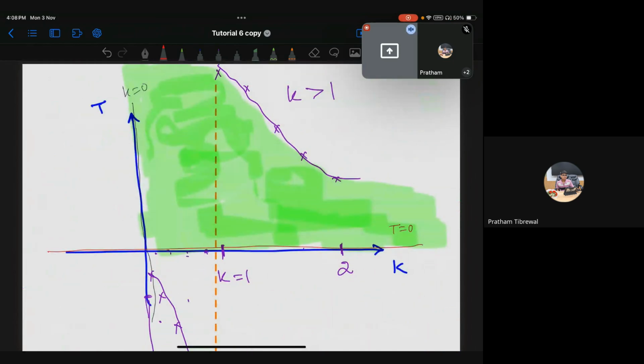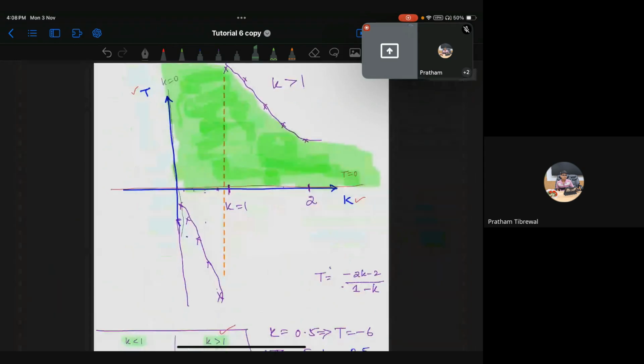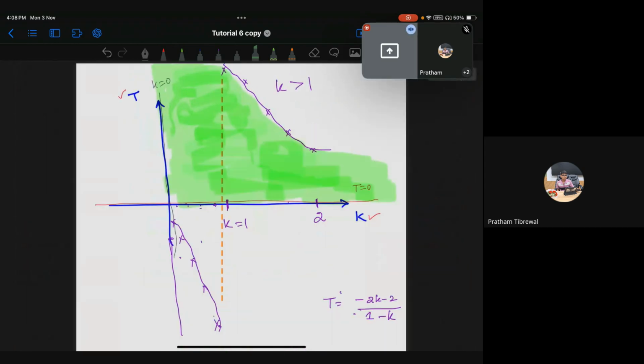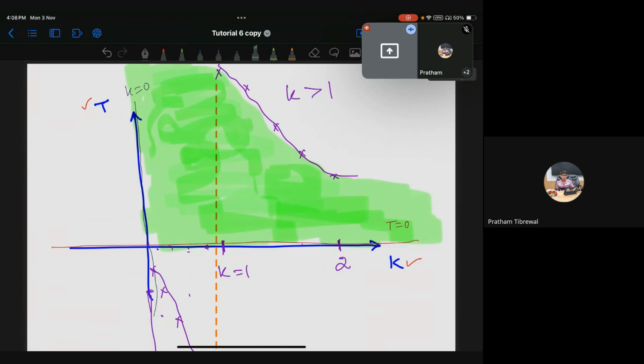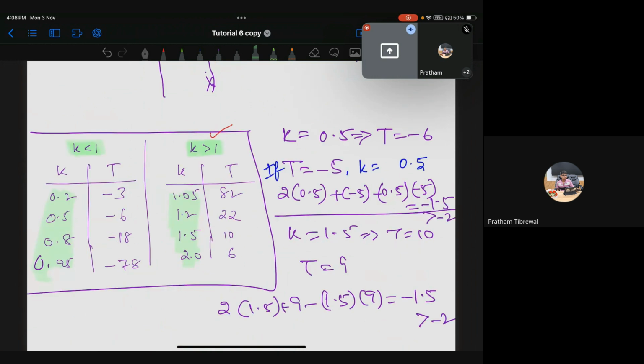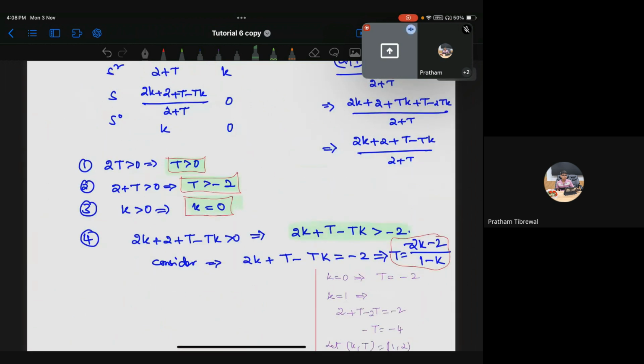So again, if you plot k on the x-axis and t on the y-axis, you will get this ratio. Please verify it. If you don't understand, please ask me again or in the chat box. But you have to verify these four conditions.